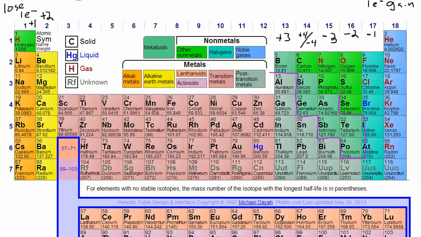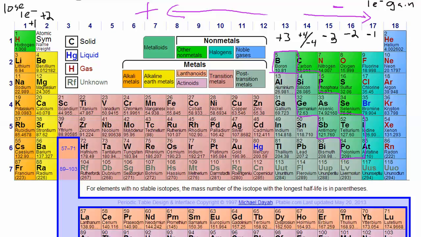But here are the metalloids. I'm outlining them in purple. A pretty good rule of thumb is that things that are to the left of the metalloids are going to have positive oxidation numbers or charges, and things that are to the right of the metalloids are going to more often have negative oxidation numbers or charges.